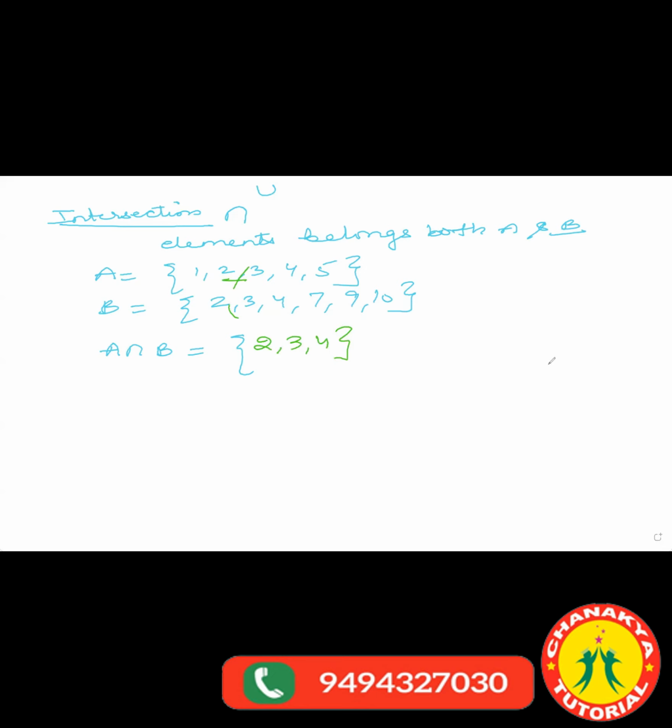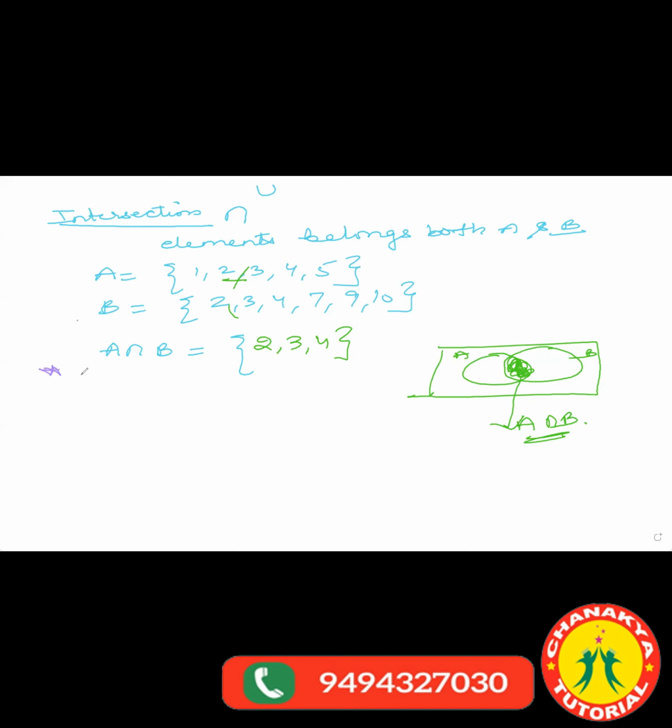Clear, beta? So in Venn diagram, suppose two sets are there. This is your set A and this will be your set B. So this common part shows A intersection B. Clear, beta? Understood? Okay.